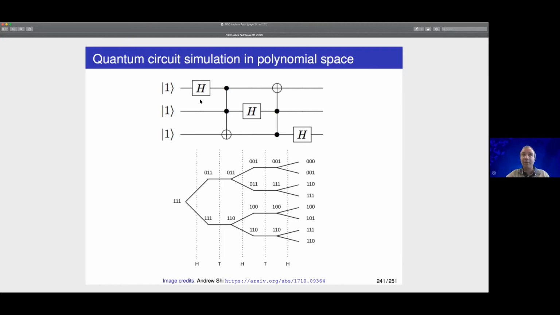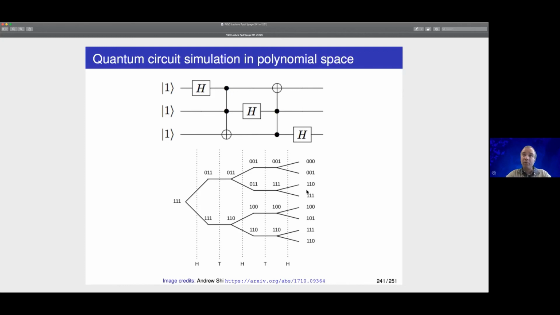For instance, when you have a Hadamard gate, then you have a superposition. And if you have a circuit like this one, the amount of branches that you have to follow begins to grow exponentially, okay? So the idea is that in order to use the state vector, you would need the amplitudes of all these different possibilities.